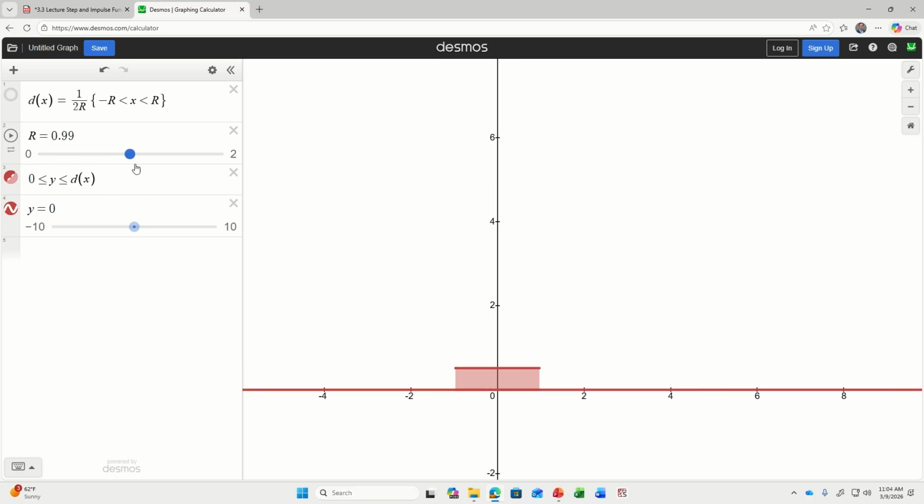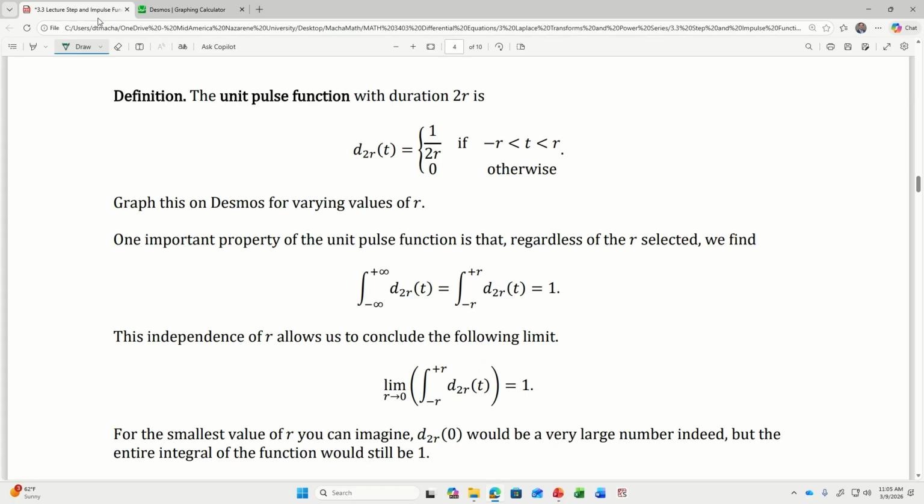So I can have a bunch of different pulse functions, but for a unit pulse function, the integral is 1. No matter what the width is, the height adjusts so that the integral is 1. Okay? So it imparts a unit pulse. So like I said, one important property of the unit pulse function is that regardless of r, the integral is always 1.